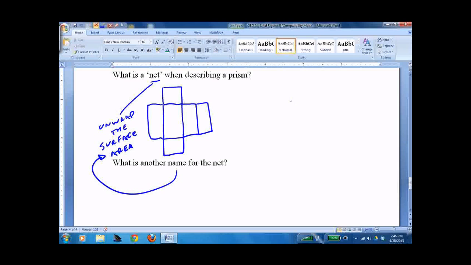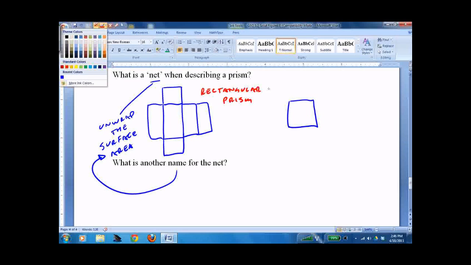If it was a square base pyramid, this would be a rectangular prism, actually, let's rewrite that. Rectangular prism. And we'll write this one.